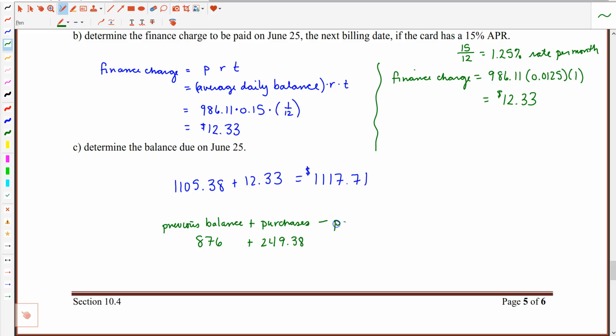They're going to subtract off your payments, which reduces everything by $20. And since you didn't pay that previous balance off, now you'll be hit with a finance charge of $12.33. So if you were to do this calculation instead, you will still end up at this $1,117.71.